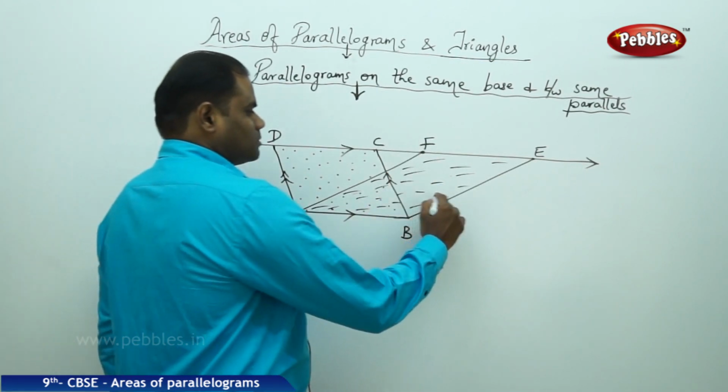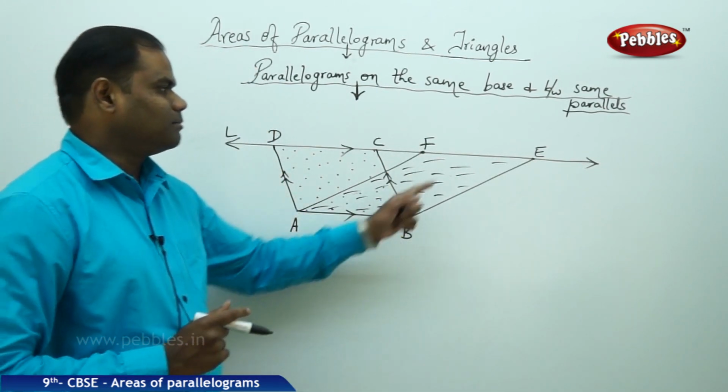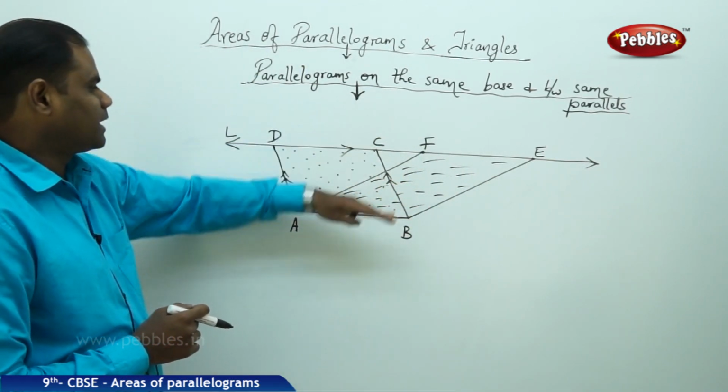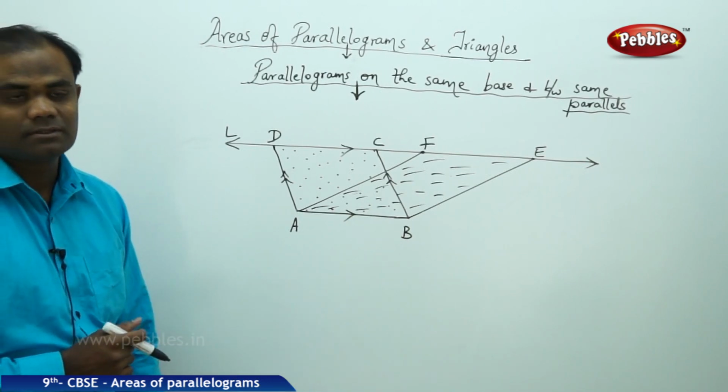So the two parallelograms are ABCD and ABEF, which are on the same base AB and between the parallel lines L and AB.